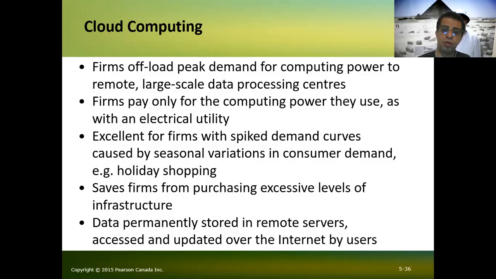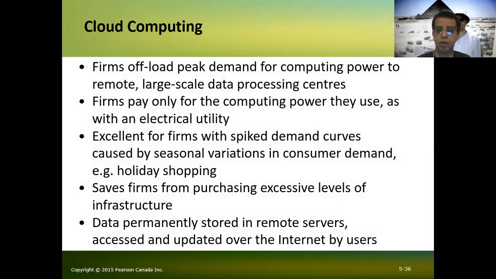It is excellent for firms with spike demand. Suddenly they have a huge demand, so instead of upgrading or adding more servers or expanding their network, they just have to speak with the provider so they can increase it.